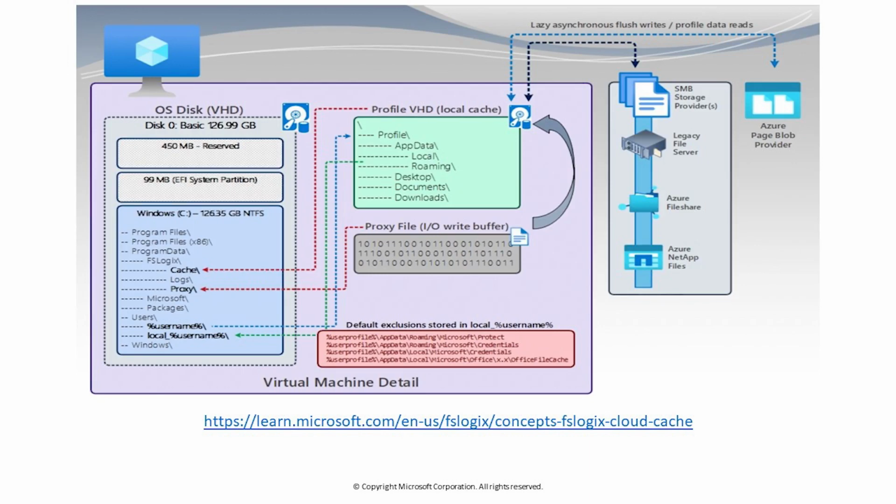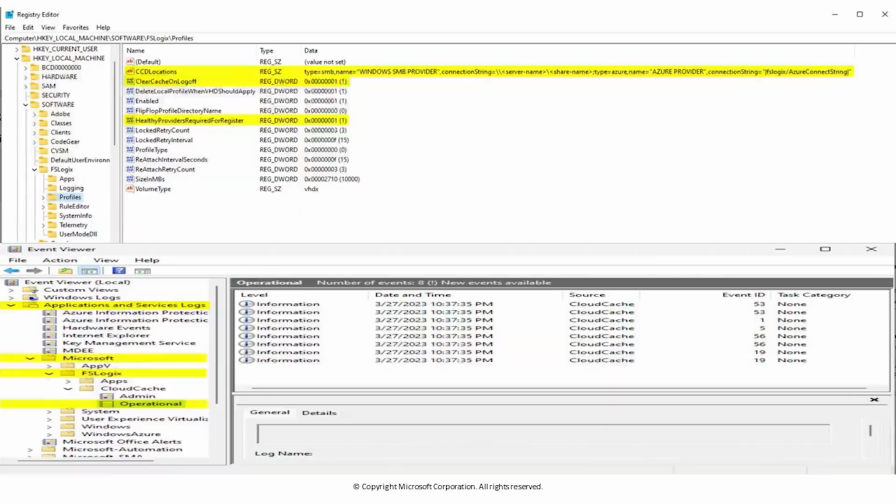It is a very helpful feature which can be considered from the performance aspect and availability aspect, although cloud cache is an optional add-on to the profile containers and office containers.